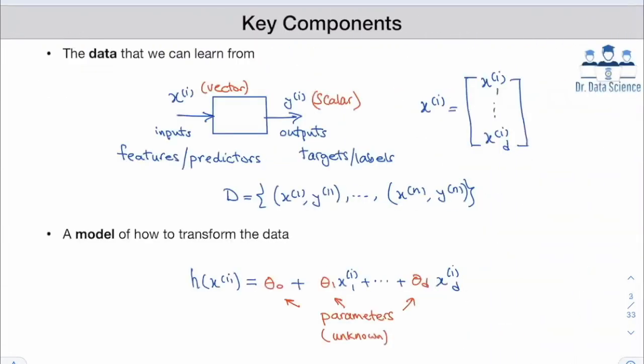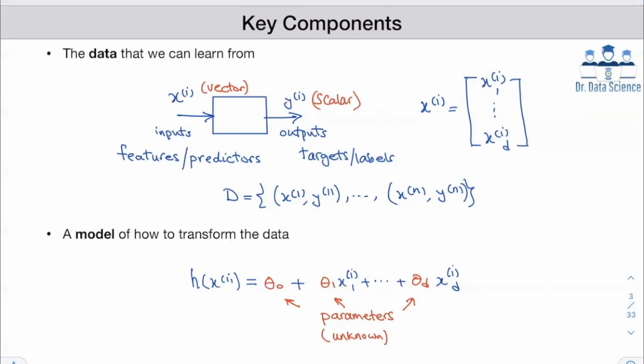So in a linear regression problem, we have a set of inputs and outputs. Outputs are typically scalars, meaning that they are single numbers. For example, when you want to predict house values, each house is associated with a number.